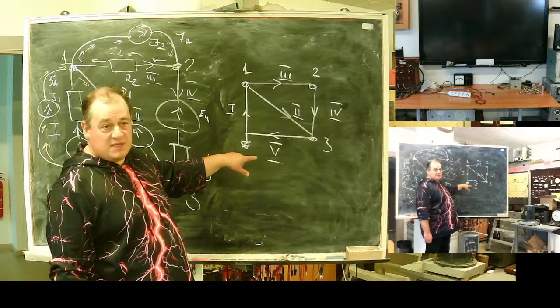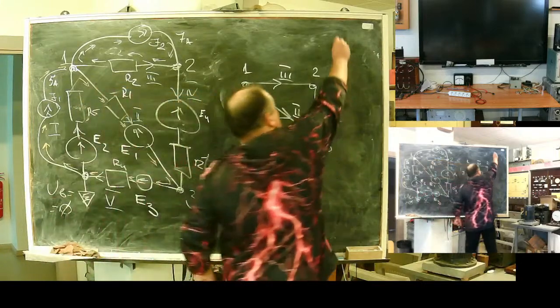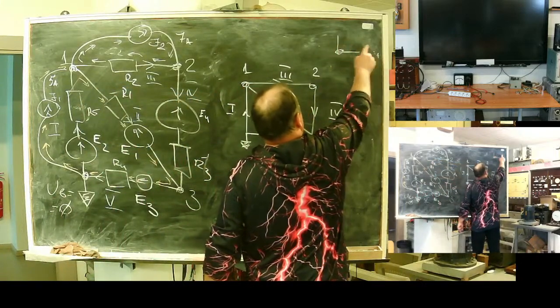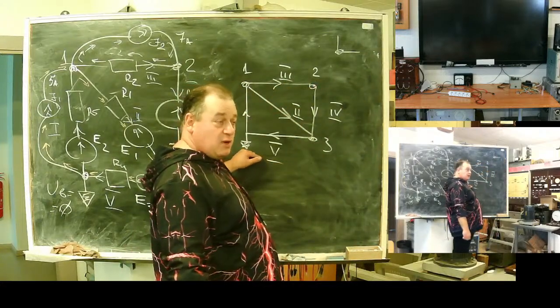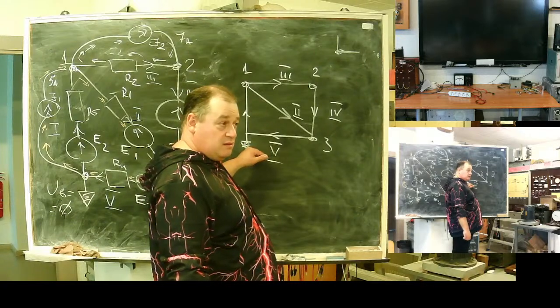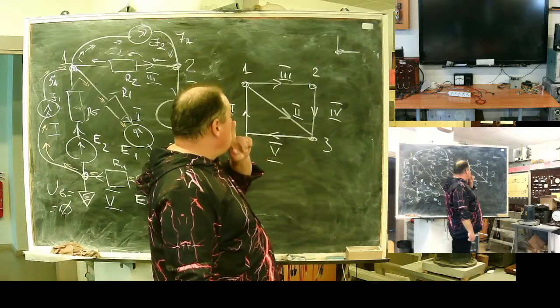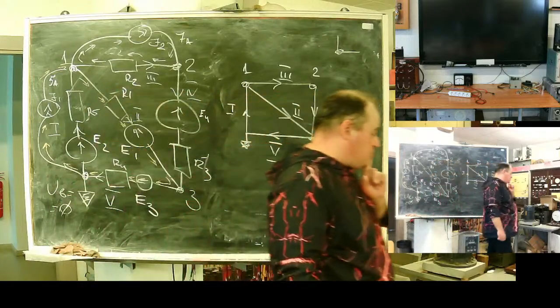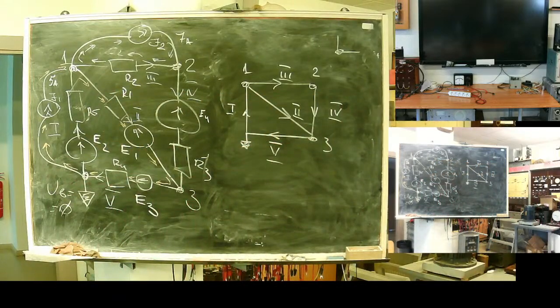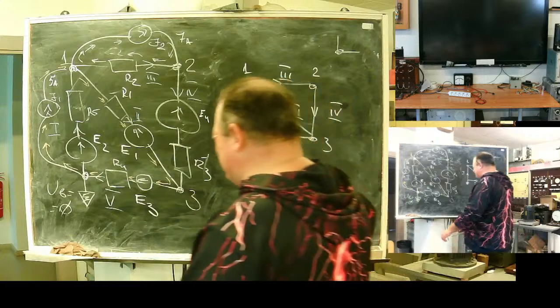If we have islands, for example, some part not reachable from the base node, this one is not connected. It is not possible to solve a network represented with a set of islands.